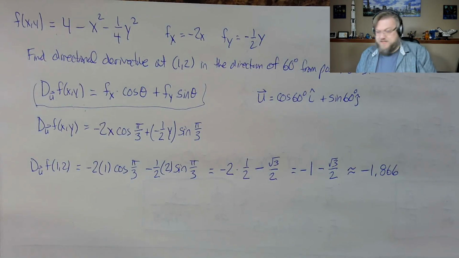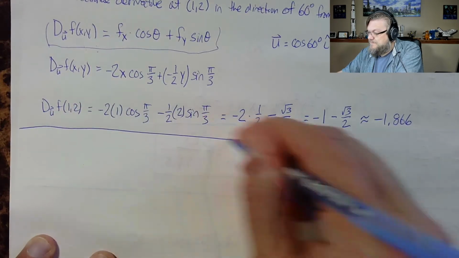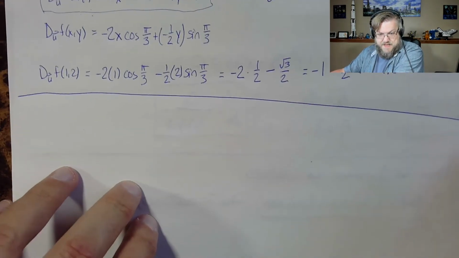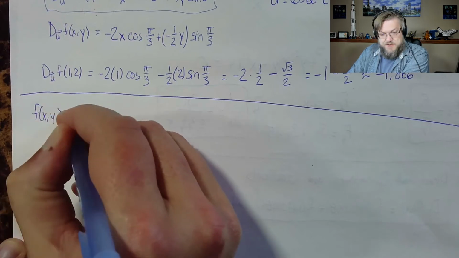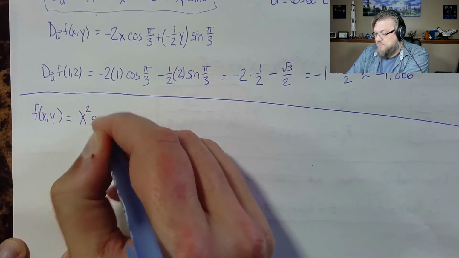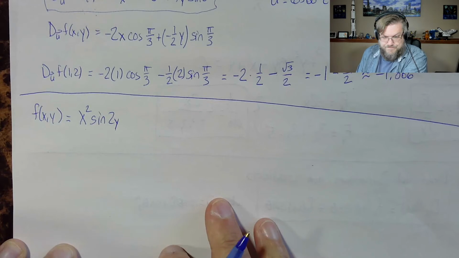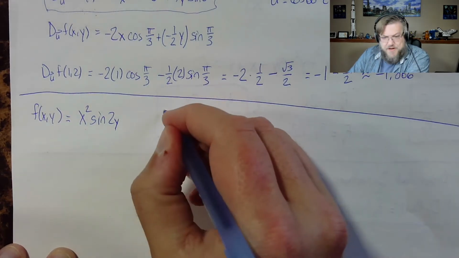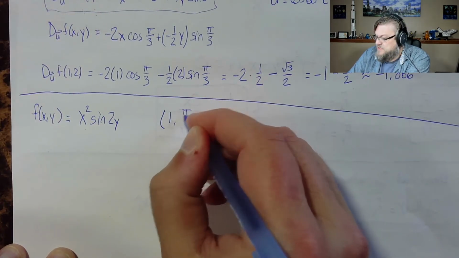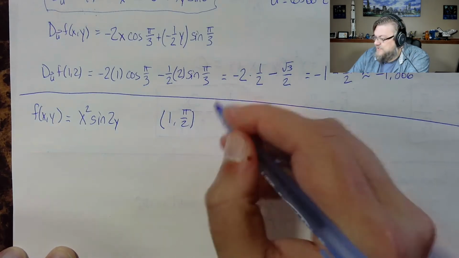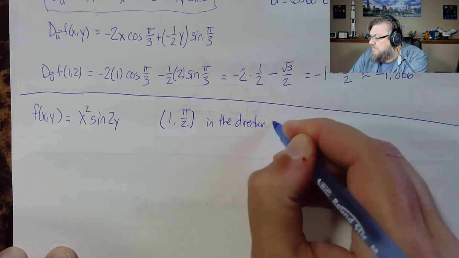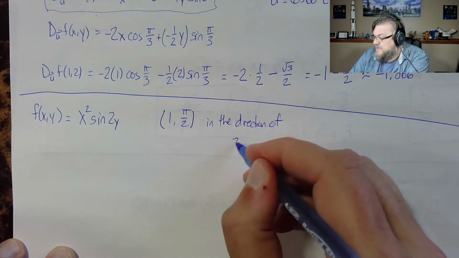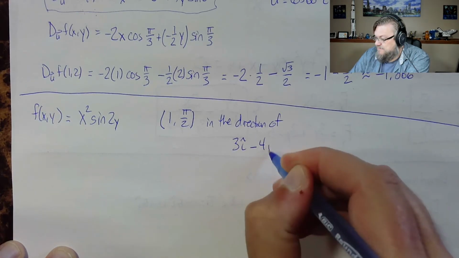All right, awesome. Let's do another example. So new function, let's do x squared sine of 2y. We care about the point (1, pi over 2) in the direction of 3i minus 4j.